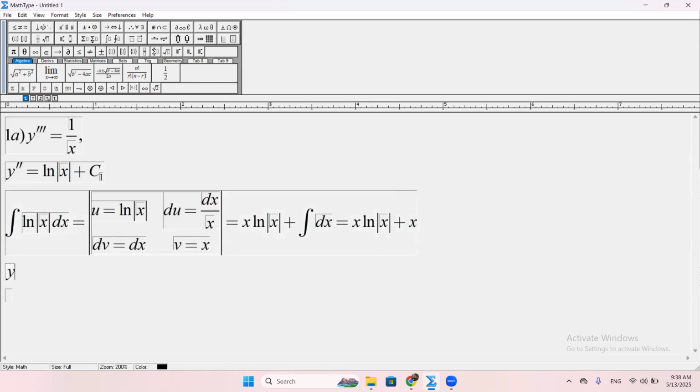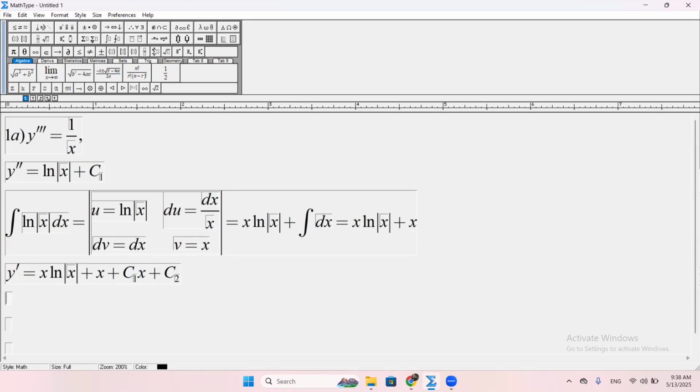So y prime will be equal to x logarithm x plus x plus c1 x plus c2.